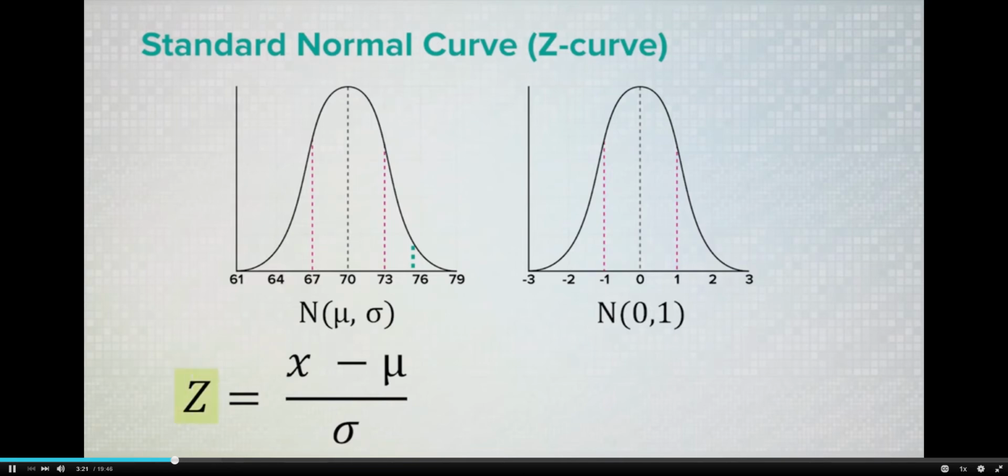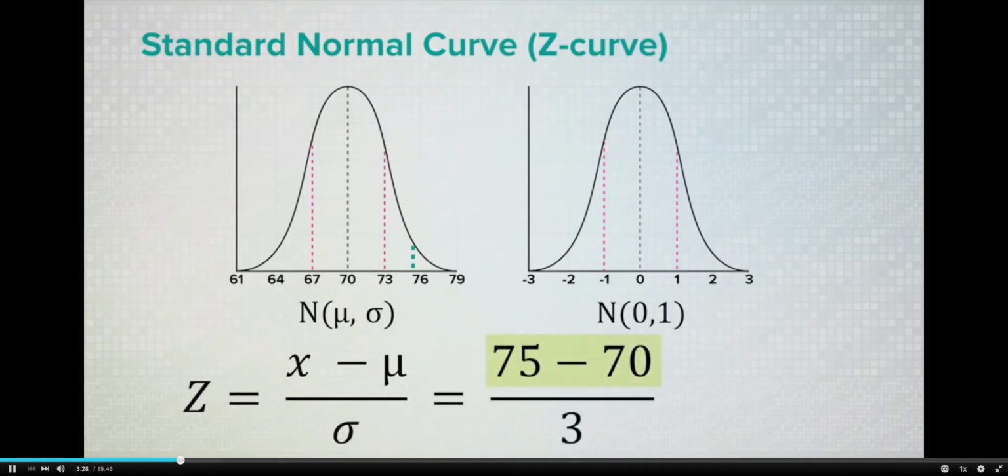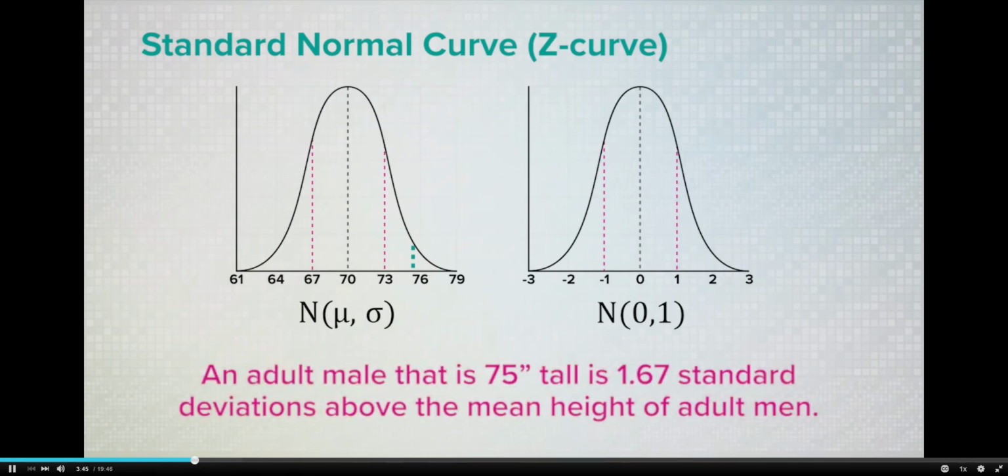Using the formula z equals x minus the mean over the standard deviation, I'll substitute in 75 minus 70 over 3 to get the z-score of approximately 1.67. So a gentleman who's 75 inches tall has a z-score of 1.67. The adult male that's 75 inches tall is 1.67 standard deviations above the mean height of all adult men.